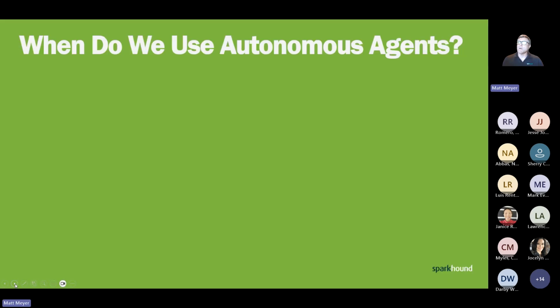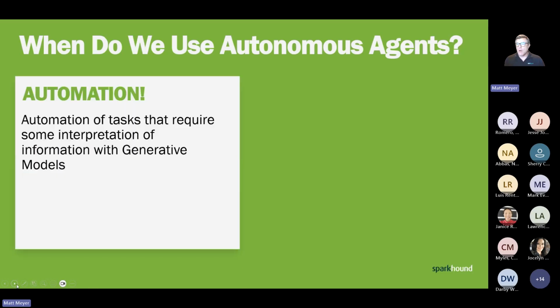As we move forward here, when are we going to use an autonomous agent? A lot of it is going to be for automation, so automation of tasks that require some interpretation of information with generative models. What we're going to use in our demos here are emails.